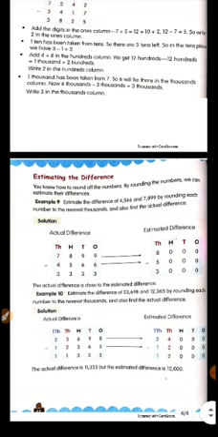This way we can find the estimated difference of the given numbers. That's all for today's video, and this is the end of chapter number 3. I hope you all have got the things. Thank you all.